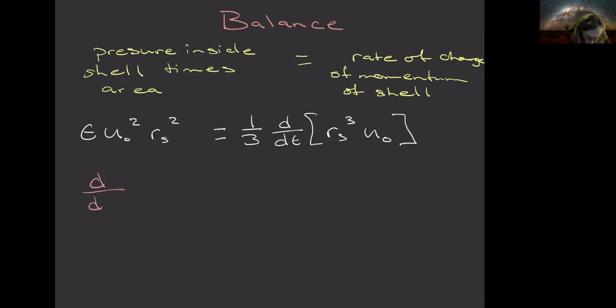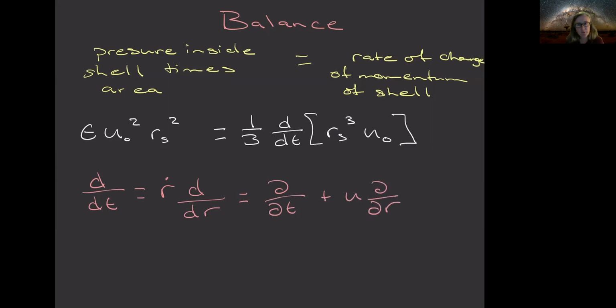Well, d dt can be rewritten in a number of different ways, and we're going to rewrite it in a way which allows us to take the derivative a bit more straightforwardly for the type of data that we're working with. So you could write it as r dot times d dr. That would be one way to do it. Or it could be written as the partial derivative with respect to time plus u times the partial derivative with respect to radius.